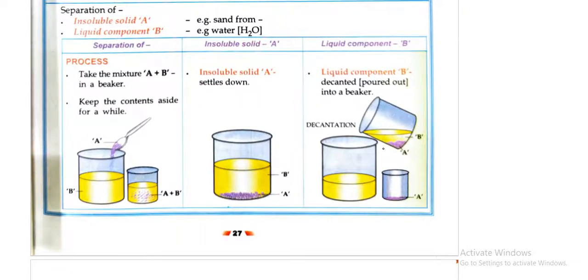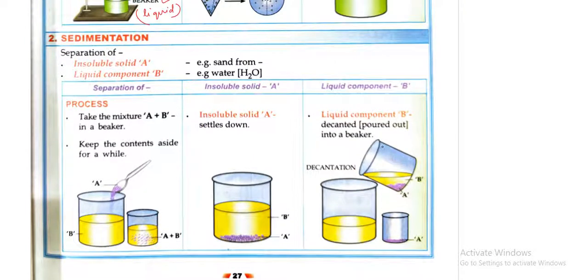Next we will see sedimentation. So what happens in sedimentation? In sedimentation also there is one insoluble solid and one liquid component, but the insoluble solid is heavier, like sand and water. So here also we first make the mixture of A and B, and then we will allow it to settle down for some time. After some time what will happen?